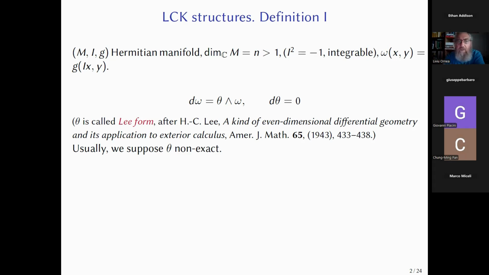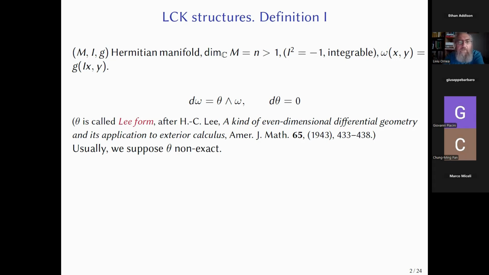It will be a Hermitian manifold, with I the complex structure, which I suppose to be integrable. You can also do some almost complex geometry with locally conformally Kähler structure. The convention for the fundamental two form is the one I have written: I put I on the first argument.